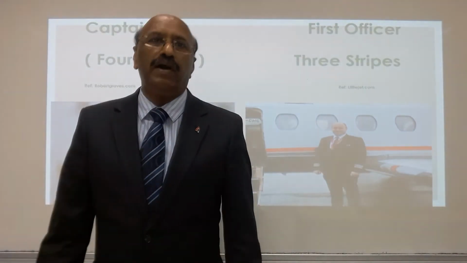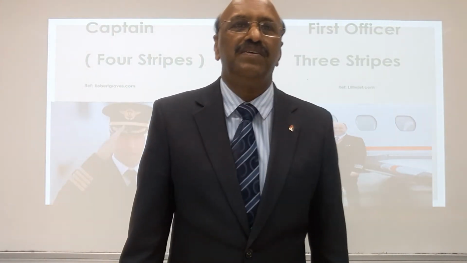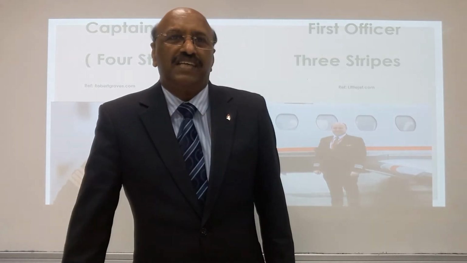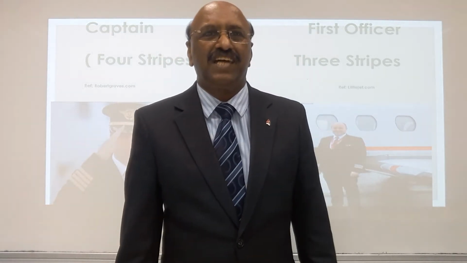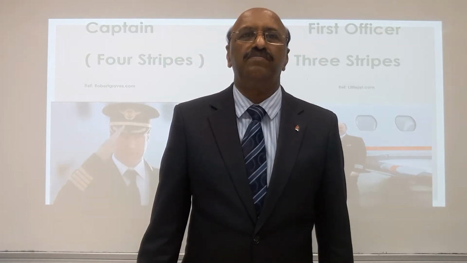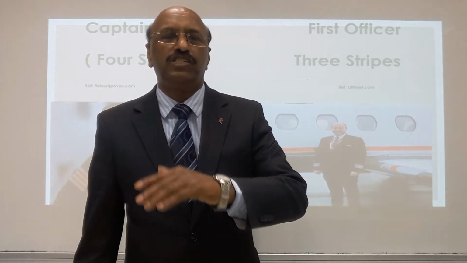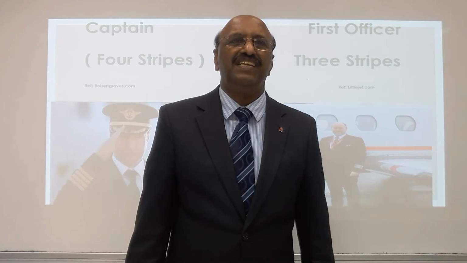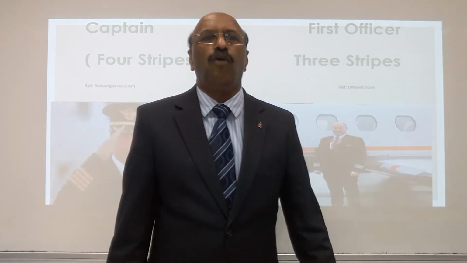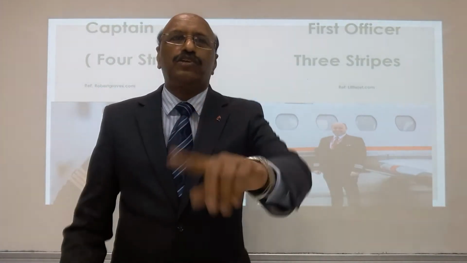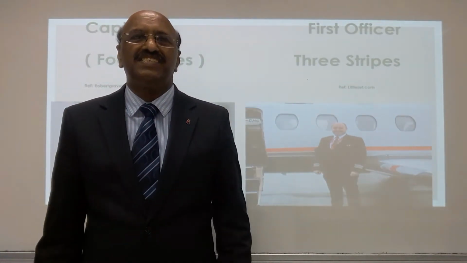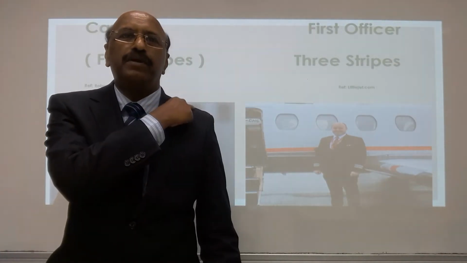So next time you are at the airport, when you see this handsome uniformed personnel, just observe them very carefully. You can distinguish between the captain and the first officer. The captain will have 4 stripes on his sleeves and 4 braids up here.